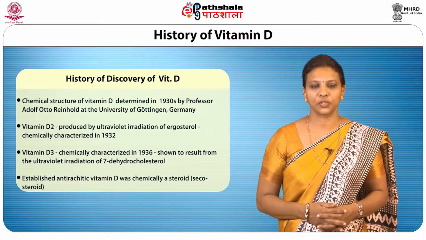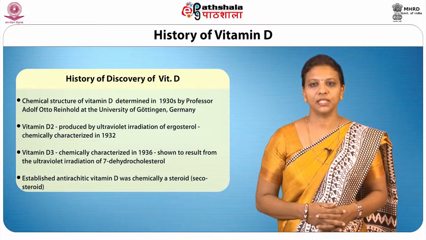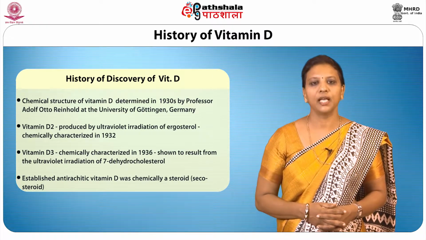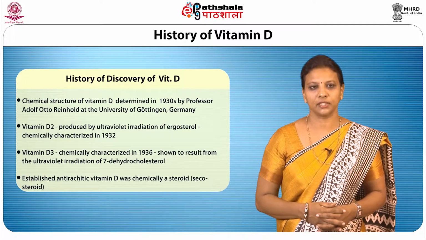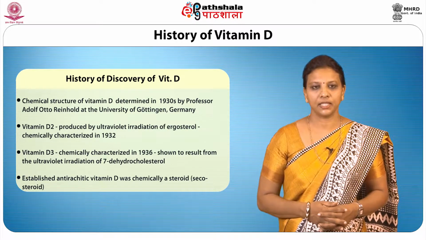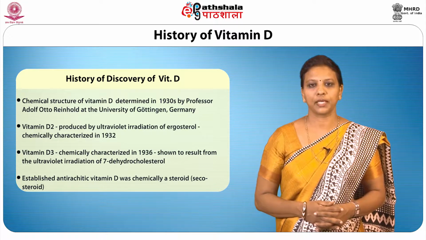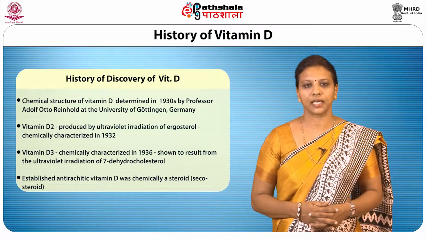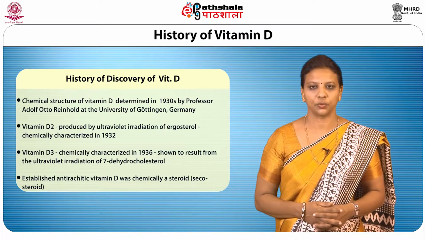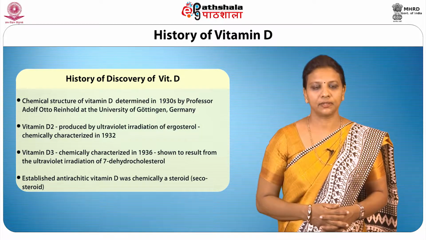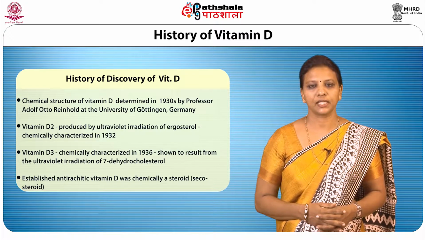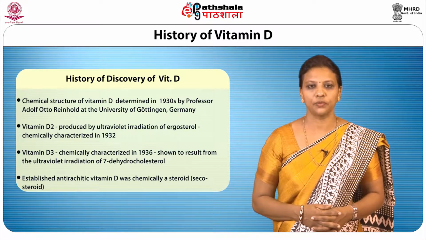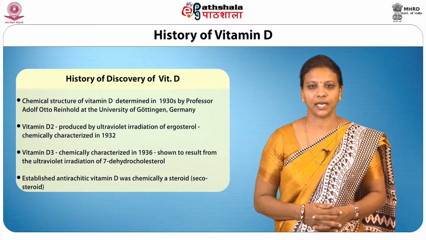The chemical structure of vitamin D was determined in the 1930s by Professor Adolf Otto Reinhold at the University of Göttingen, Germany. Vitamin D2, which could be produced by UV radiation of ergosterol, was chemically characterized in 1932. Vitamin D3 was chemically characterized in 1936 when it was shown to result from the UV radiation of 7-dehydrocholesterol.